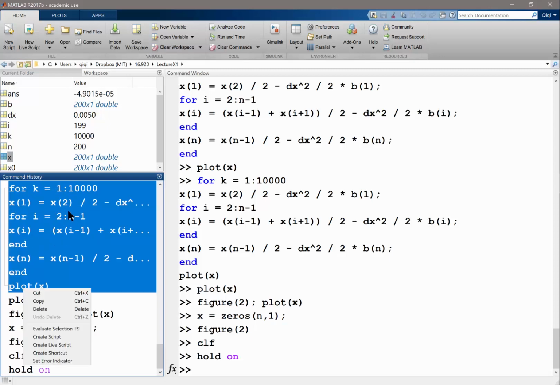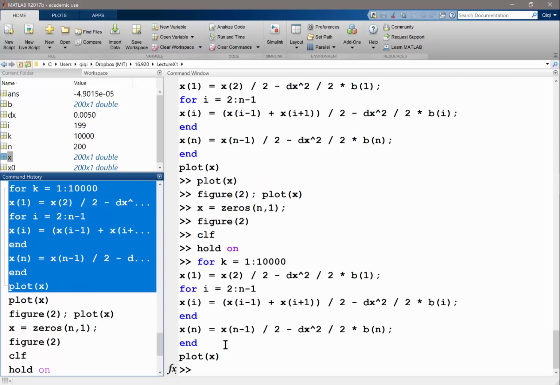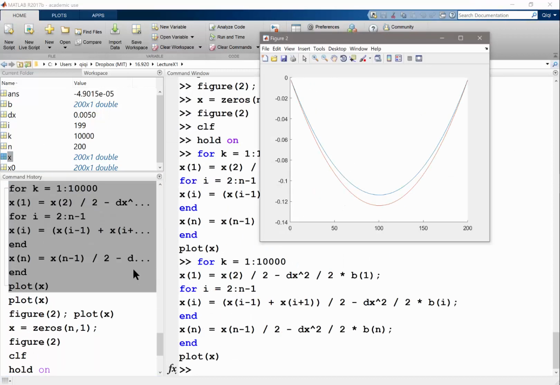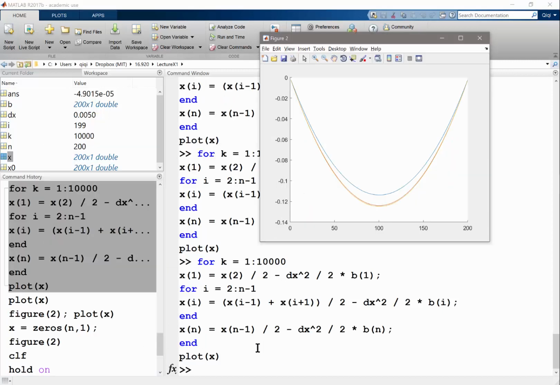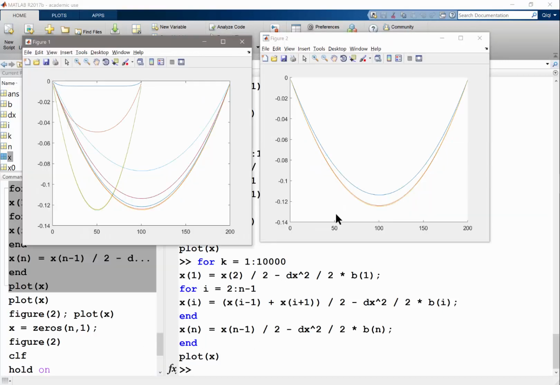This is Gauss Seidel. Evaluate, I get the first 10,000. Evaluate again, I get the second 10,000. Evaluate again, I get the third 10,000. At this point, it's pretty much converged, right? So compare the Gauss Seidel with Jacobi. We can see pretty much that the first 10,000 iterations is roughly at the same location as the 20,000 for Jacobi.